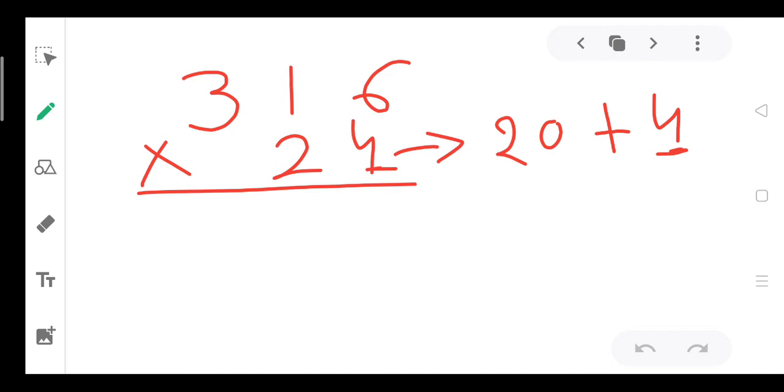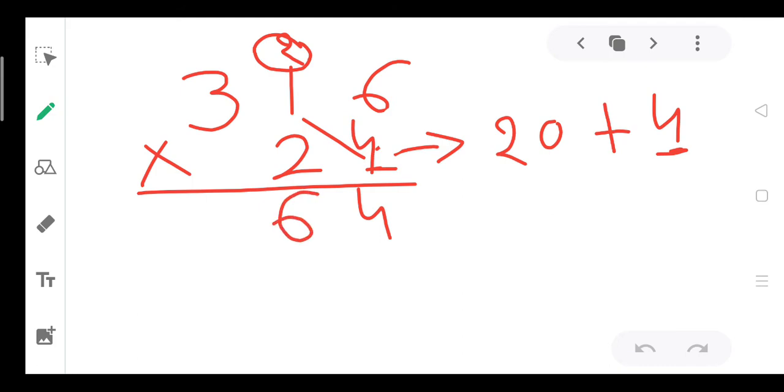We will read the table of 4 up to 6. 4 6s are 24. 4 we will write under this, and this 2 will be carry over here. Now we will read the table of 4 up to 1: 4 1s are 4, and now we have to add this carry also.